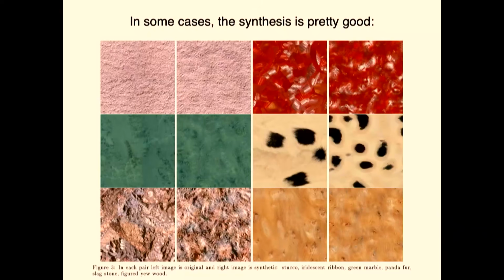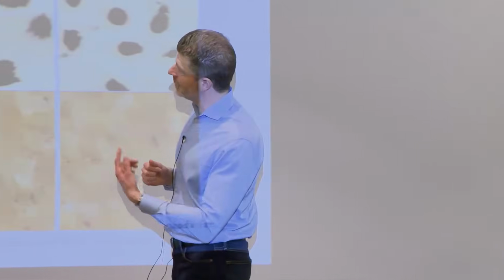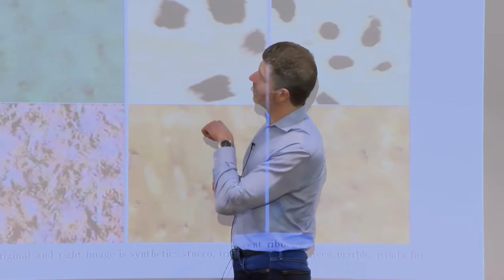All right, but the big picture here is to inspect these pairs of images. Each one of these is the original, so that's the one on the left. And the right image is a synthetic image that was generated from noise just by matching the subband histograms. Okay? And so you can see that in some cases, this produces pretty good-looking textures, right?